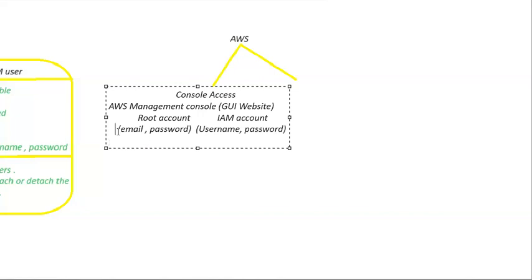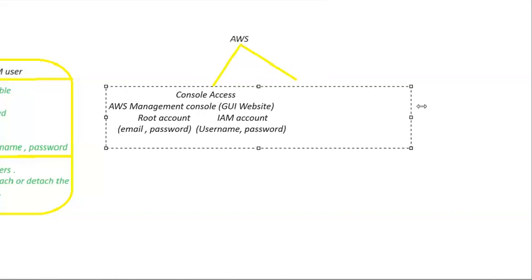Now, you said you can access AWS in two ways, right? One way is this. What about the other way? The other way is by using programmatic access.